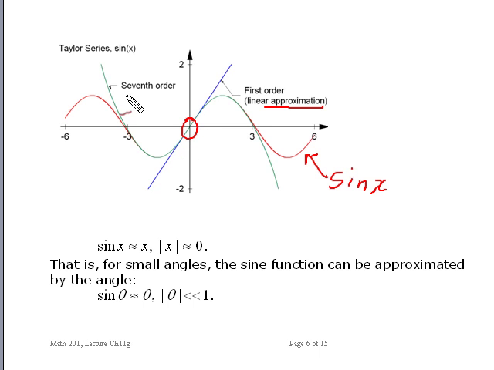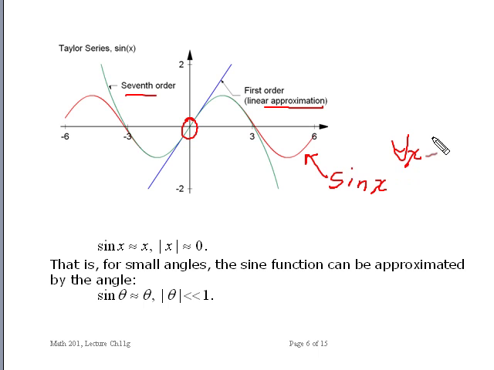The seventh order approximation is much better, shown in green. Of course, with more terms you get agreement further out along the sine curve. This expansion is valid for all values of x. In other words, that series expansion converges to the values of sine of x everywhere.